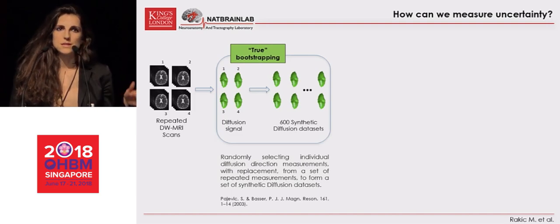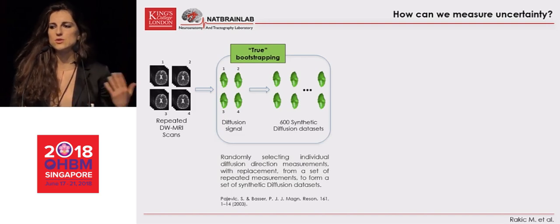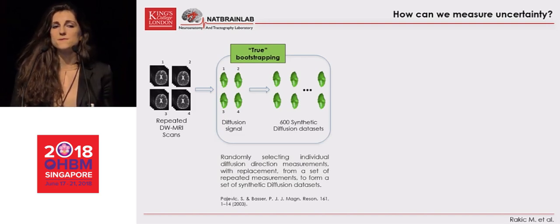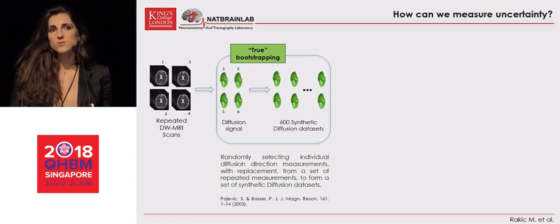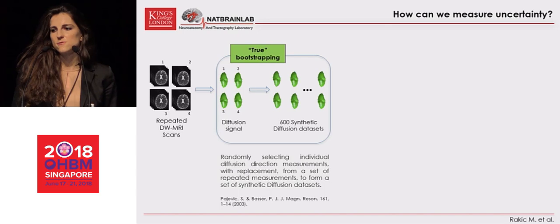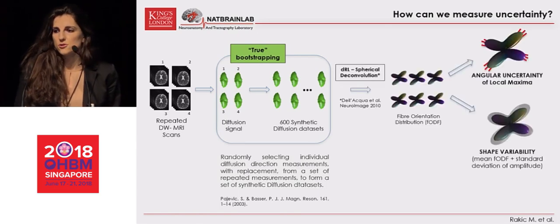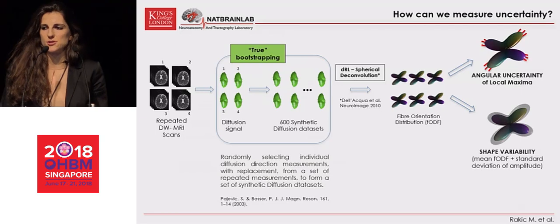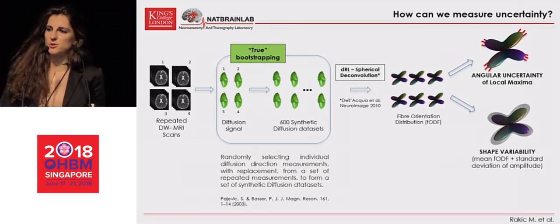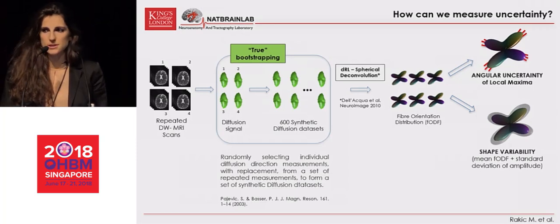Then you randomly select individual diffusion direction measurements to form a set of synthetic diffusion data sets. If you do 600 bootstrapping runs, you get 600 synthetic diffusion data sets. Then you apply any spherical deconvolution method to estimate the bootstrapped fiber orientation distributions, and you obtain information about angular uncertainty and shape variability.